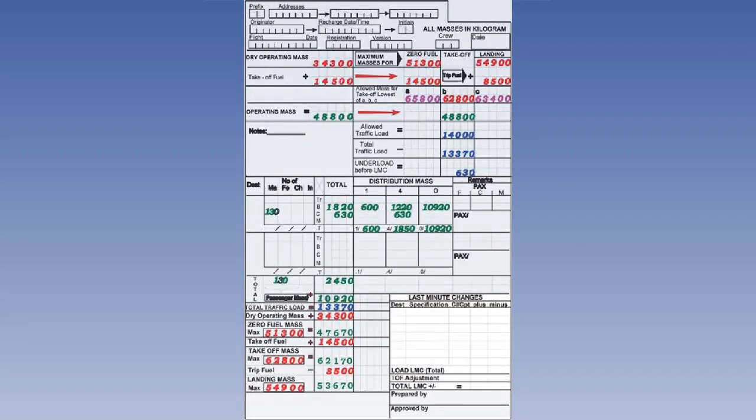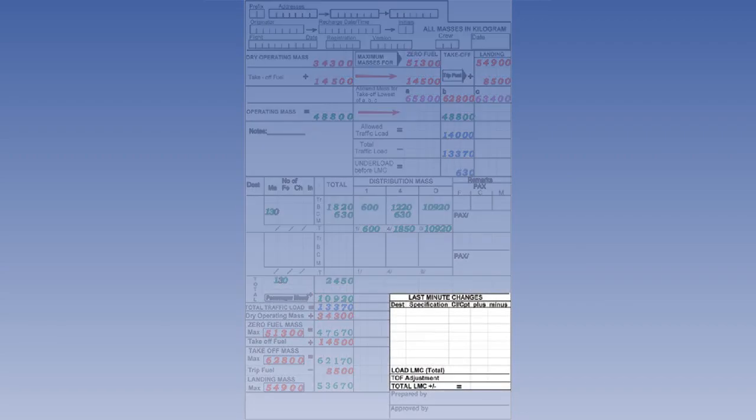On occasions, following completion of the mass and balance documentation, there may be some last-minute changes to the flight. It could be that some additional passengers or some extra freight have been accepted at the last moment. EU Ops 1 states that operators must establish a procedure to accommodate these last-minute changes to the load.